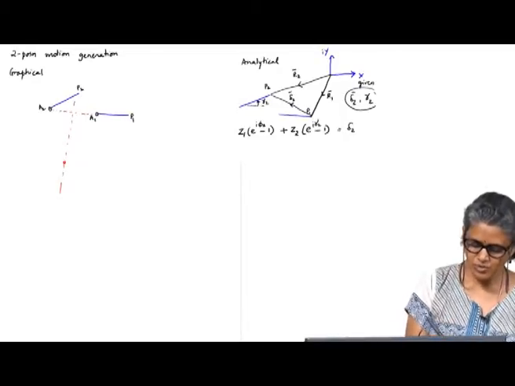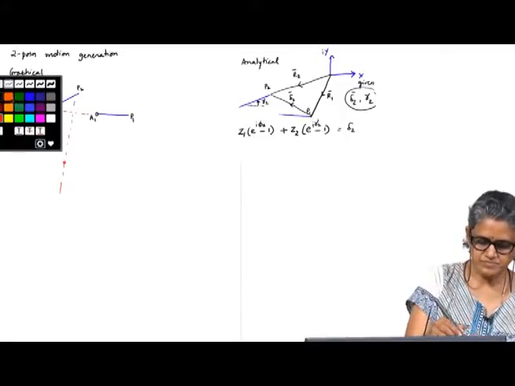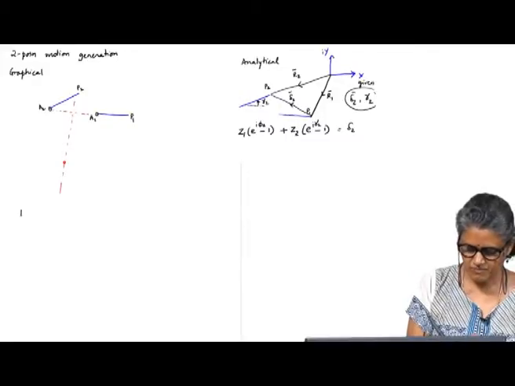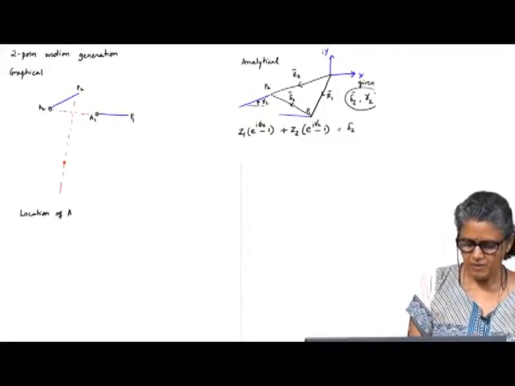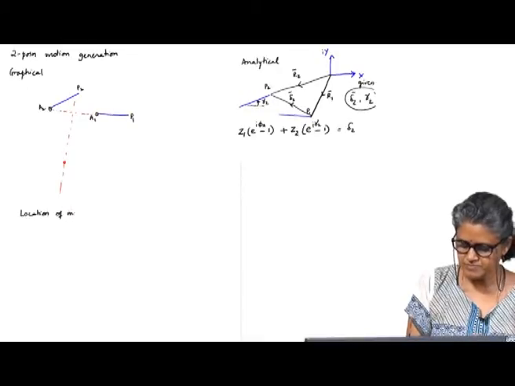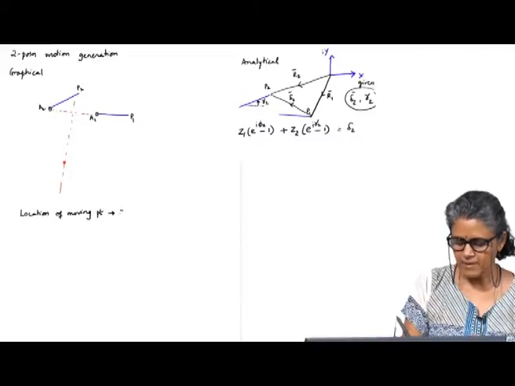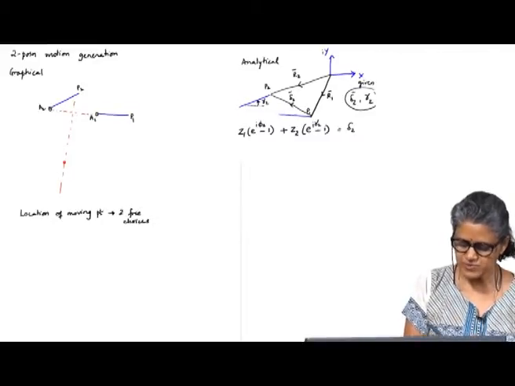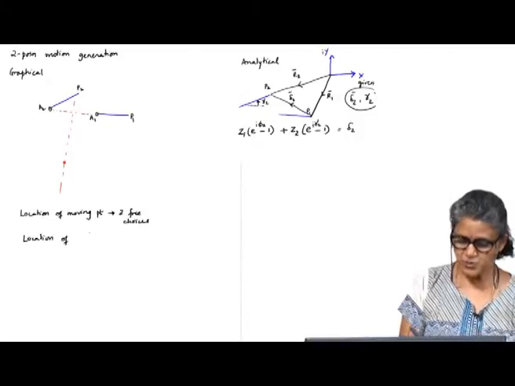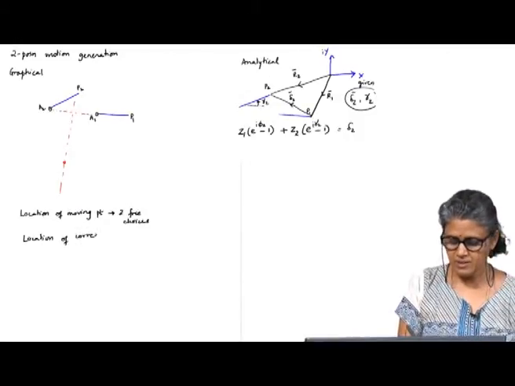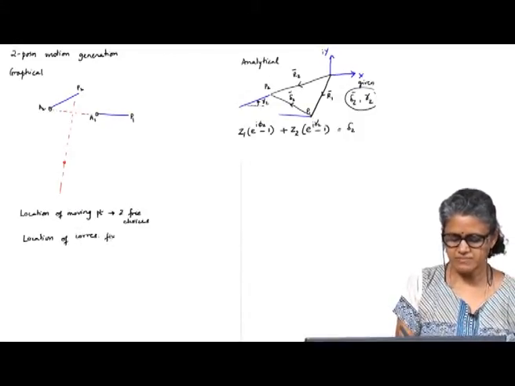So, location of the moving pivot, two free choices I use up there, and then location of the corresponding fixed pivot.